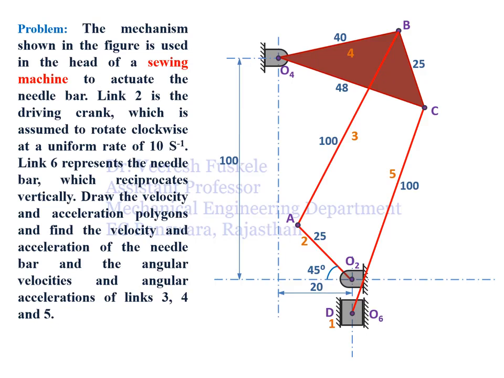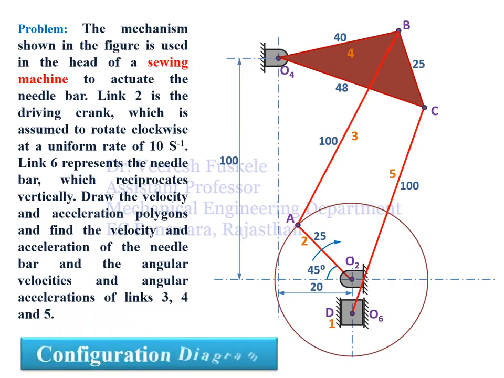Link O2A is a crank which is rotating in the clockwise direction, and this link O2A is connected to the ternary link at the point B with the help of a link AB, and further the ternary link is connected to the slider, that is the needle bar D, with the link CD. The slider will be moving in the vertical direction, and so the needle will be moving up and down. This is the configuration diagram.